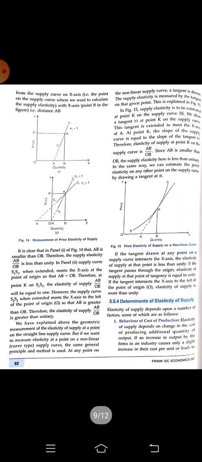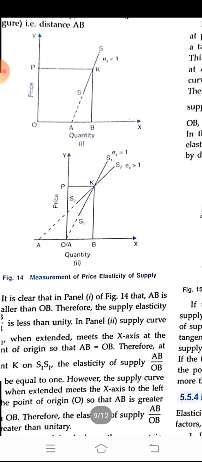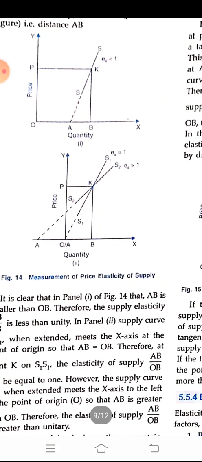You can see the initial one, that is figure 1 here. Yes, the first one. You can see that there is a straight line drawn as S, the supply curve, and OP is the price and OB is the quantity supplied. As they are drawing the supply curve, they are just extending it a little bit down and touching the x-axis.